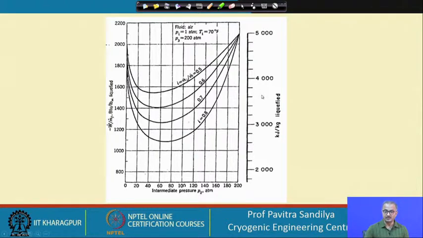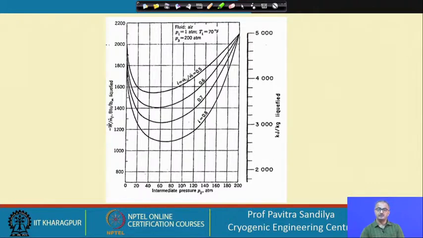On the other hand, suppose I take the intermediate pressure as constant, and now I change I. I is decreasing from bottom to top, and as we go from bottom to top, we again find that the work done is increasing. So this kind of curve we can generate for any problem.